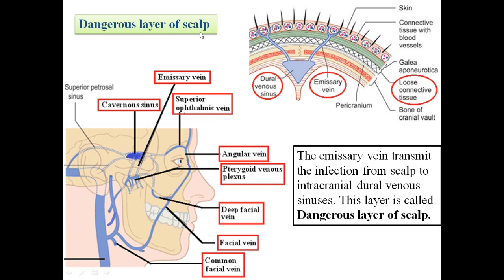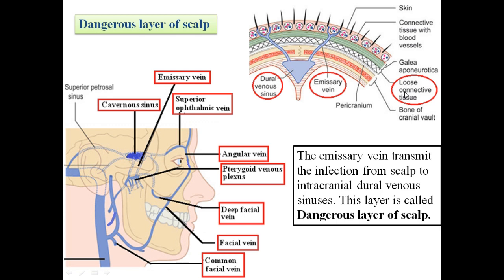Dangerous layer of the scalp. The dangerous layer of the scalp is the fourth layer of the scalp, that is the loose areolar tissue.